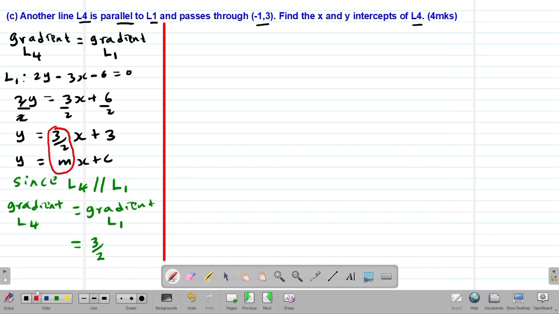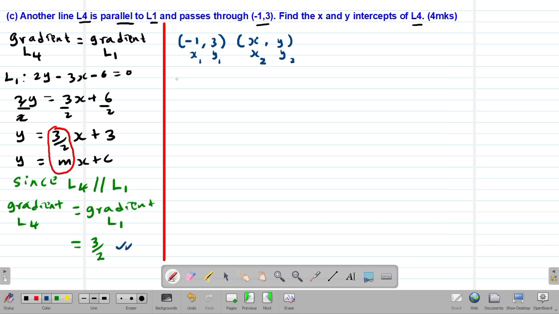I'm given a point on L4, that L4 is passing through the point -1, comma 3. Of course, I'll also pick a general point x, y. Then I'll let this be my x1, this be y1, this x2, then y2. Then the gradient is 3/2.